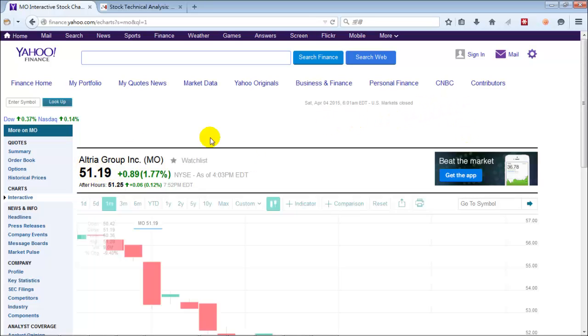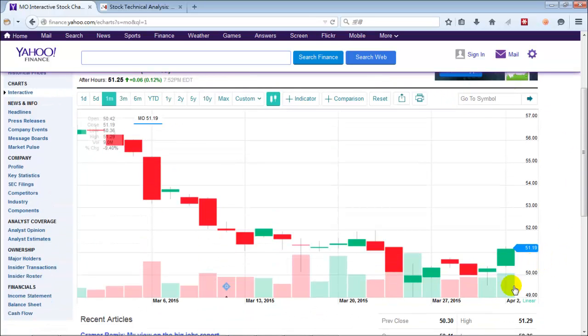It's rather expensive. We see a hammer candlestick, which is a candlestick that has a top and no real shadow above it, but a long shadow below it. The hammer shows that there's support below it, and that we are likely going to see a reversal trend if it came after a bearish trend, which it did.